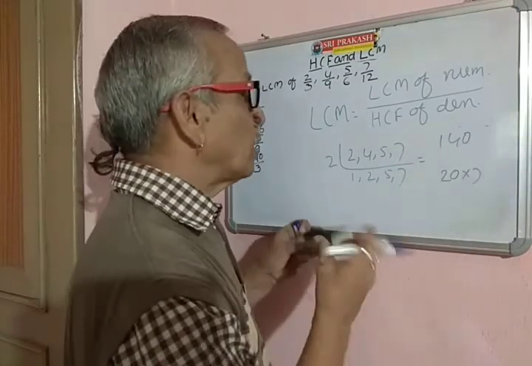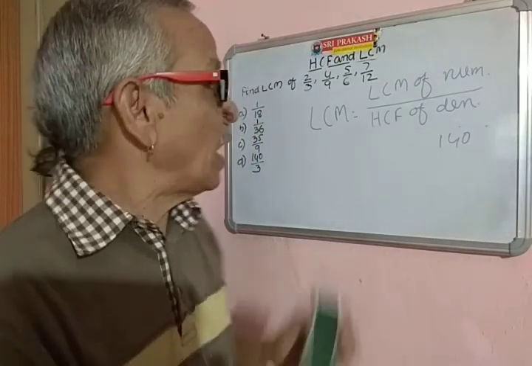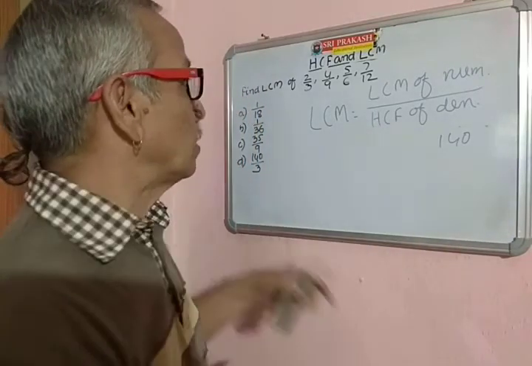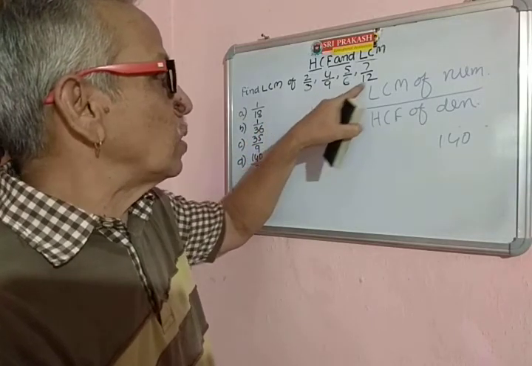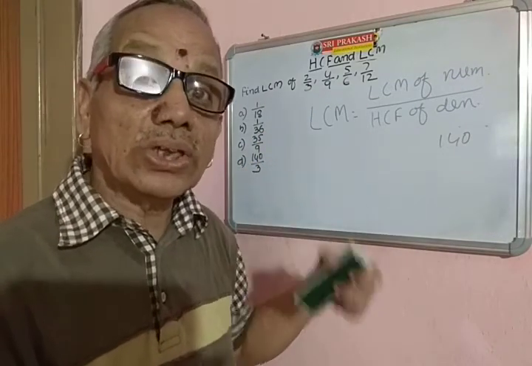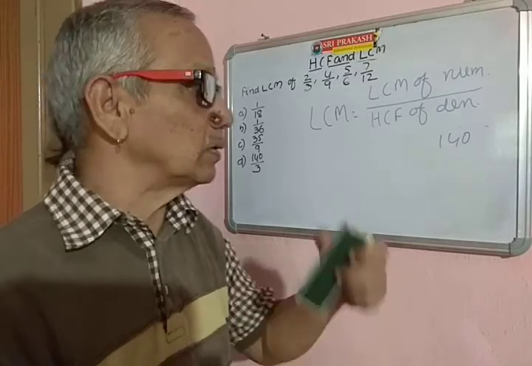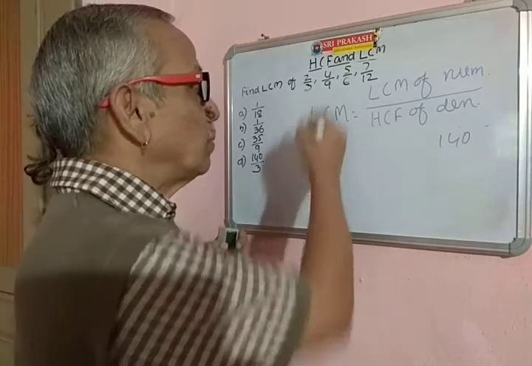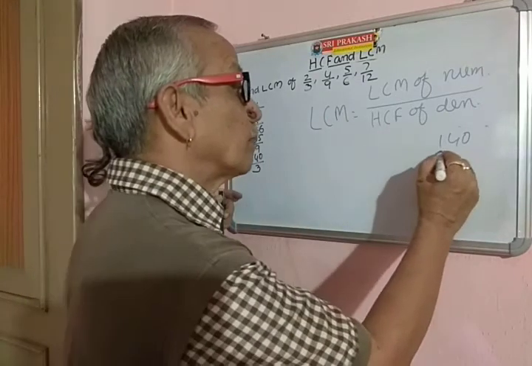So 140 is your LCM. Let us keep it there. And what is the HCF of denominators? You see 3, 9, 6, 12. All these four numbers have 3 as highest common factor. So your HCF of 3, 9, 6, 12 will be 3.